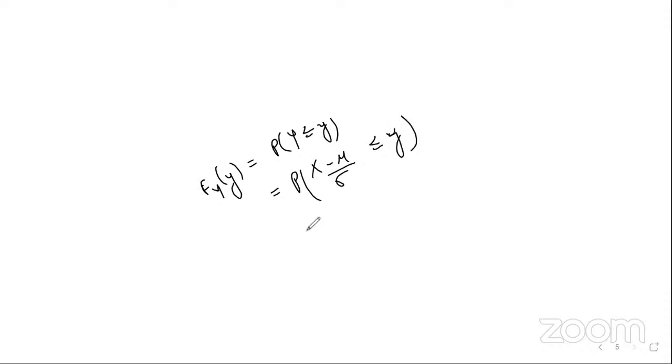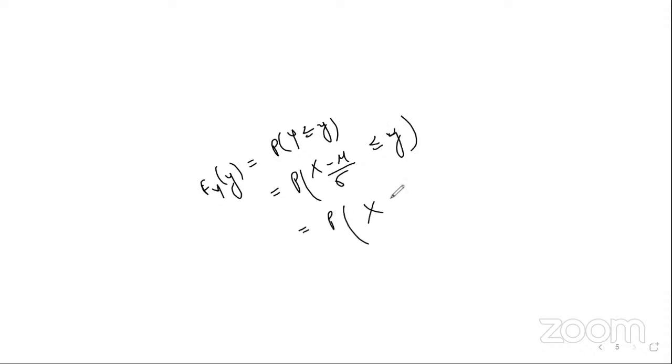Come again. What did you say? Yeah, up to that point it is clear. You have to find Fy of y, and this is probability y less than or equal to y, right? Yes. And y is x minus mu upon sigma, less than or equal to y. Correct.